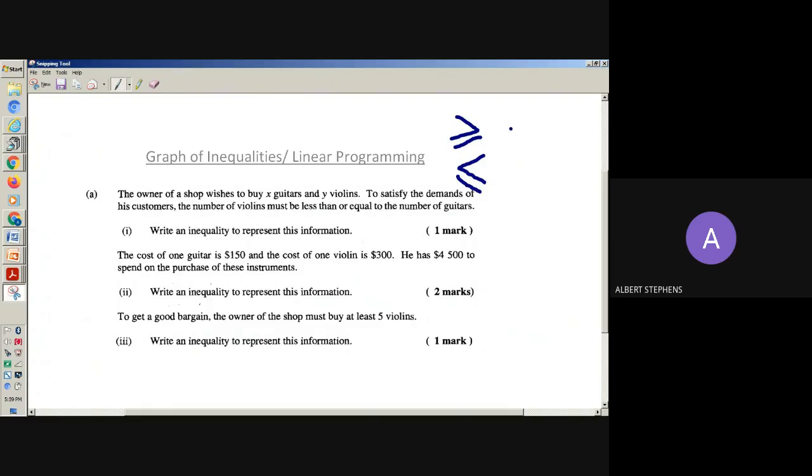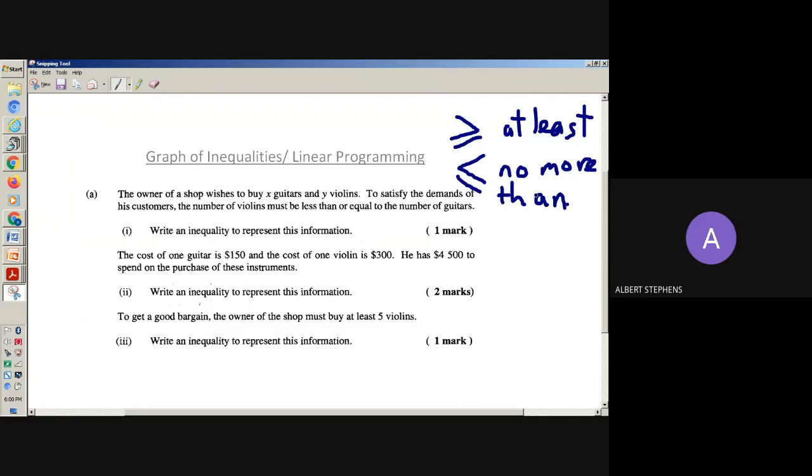Another term for greater than or equal to is at least. So at least means greater than or equal to. Another term for less than or equal to is no more than.